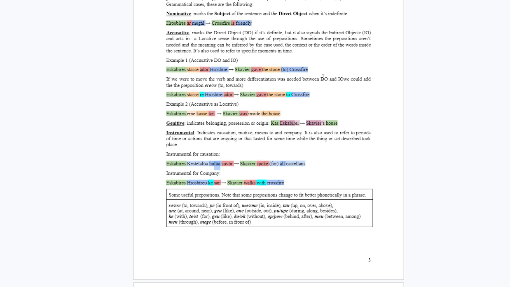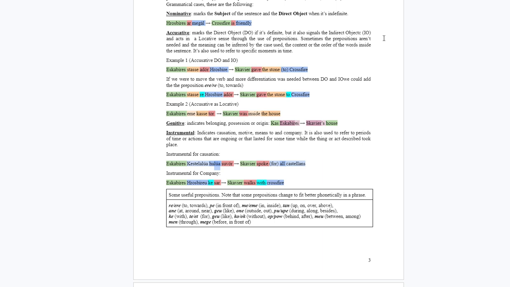So these two senses, or these two meanings to talk about time, a specific time and a continuous time, we will use accusative and instrumental, depending on which one we use. So for the specific time, we will use the accusative.